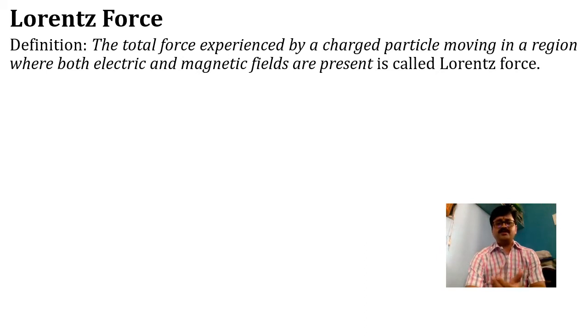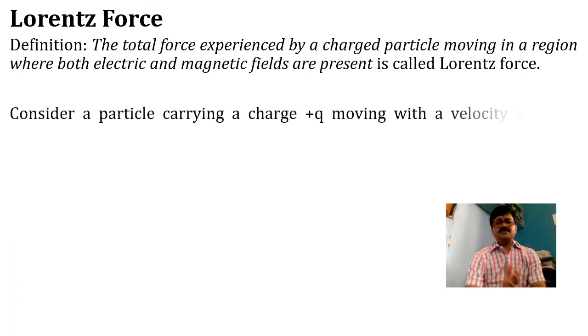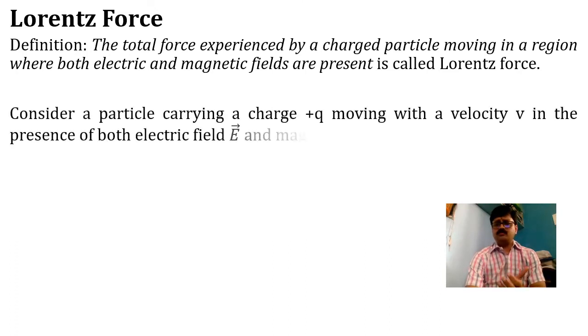So what exactly does it mean? Let us dig a bit deeper. We can consider a particle carrying a charge of plus q moving with velocity v in the presence of both electric and magnetic fields, and I'm choosing the electric field as vector E and the magnetic field as vector B here.